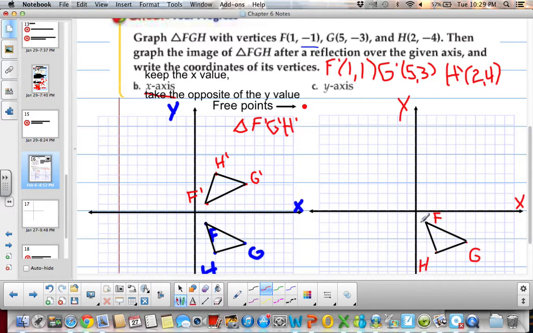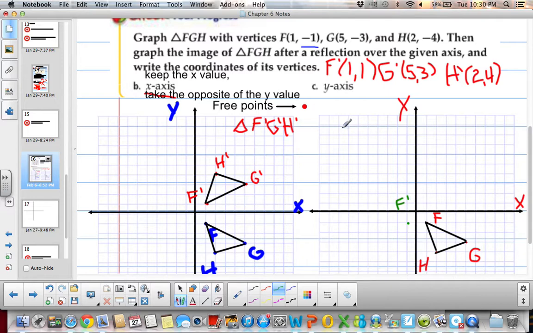So this time we went over 1, so for reflecting over the y-axis, we want to go over to the left one instead. So if you think of doing the opposite, remember for x, if we're reflecting over the x-axis, we took the opposite of the y value. This time we're taking the opposite of the x value, and we're keeping the same y value.